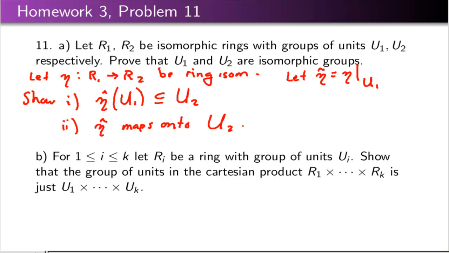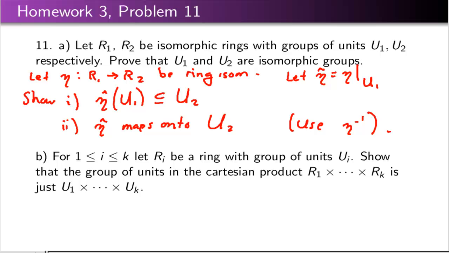But that's going to follow from the fact that eta has an inverse mapping, which is also a homomorphism, and it'll map units in R2 back to units in R1. Okay, and that'll establish that eta hat is an isomorphism between U1 and U2.